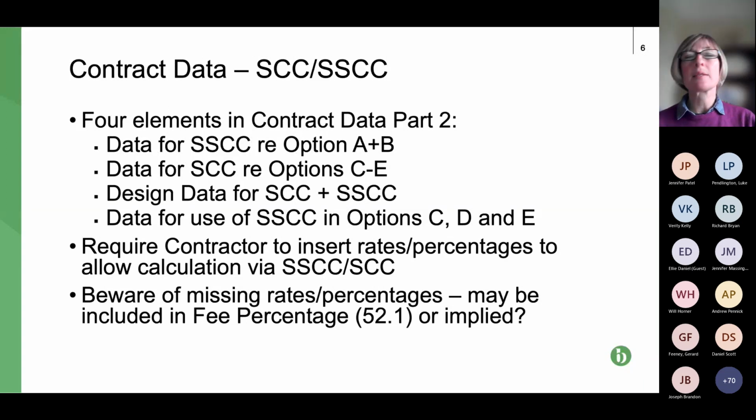There are lots of blanks for pounds with pound signs, so amounts of money to be included, and also percentages, and also in some cases references to third-party price lists, for example. So please complete it in full.